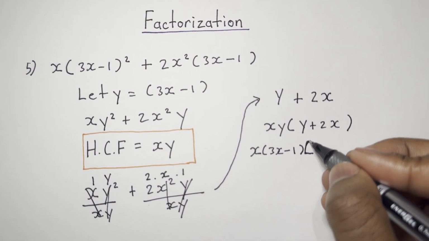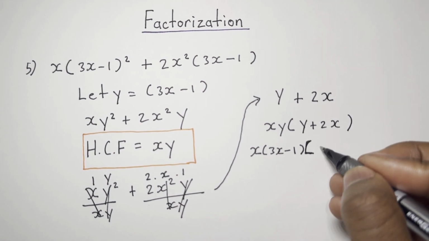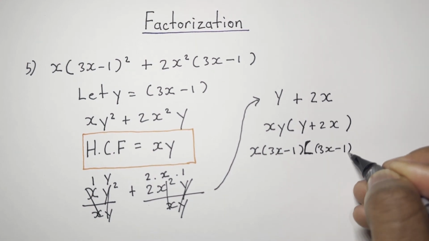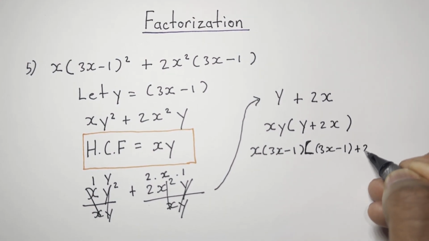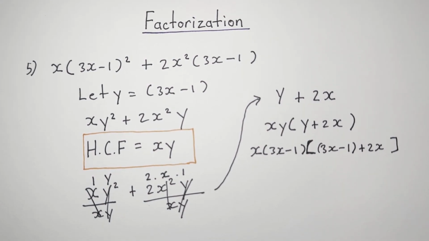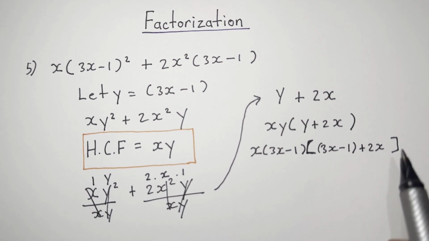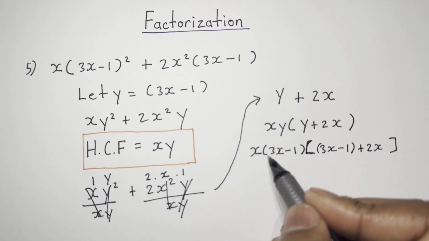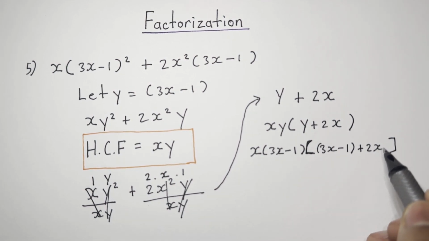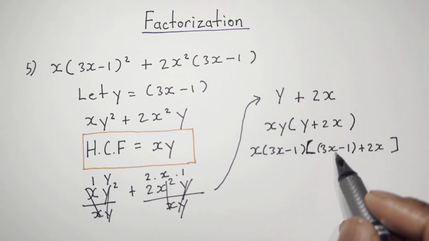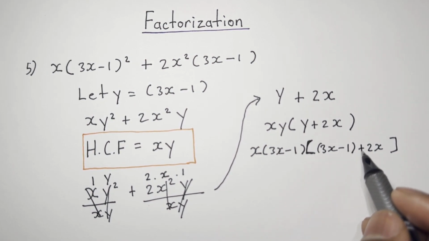And we're going to put 3x minus 1 plus 2x. Great. And as you can see, instead of using parentheses here, I used brackets because I figure more calculation is needed here.